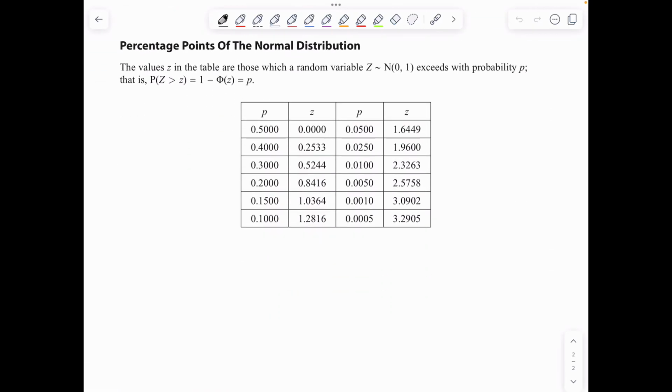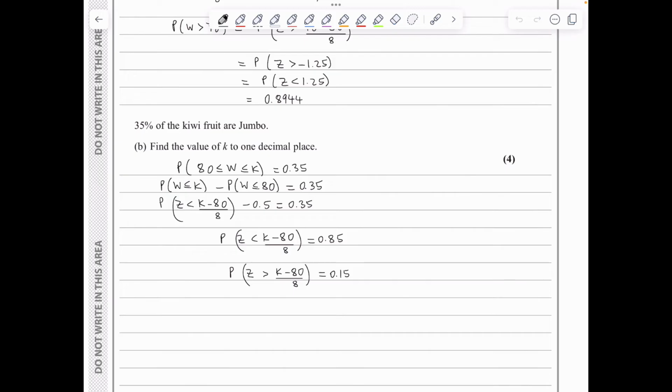So looking at the table of values for 0.15, we get a Z score of 1.0364, which means that K minus 80 over 8 is equal to 1.0364. If I cross multiply, I get K minus 80 is 8.2912, and therefore K is equal to 88.3 to 1 decimal place.